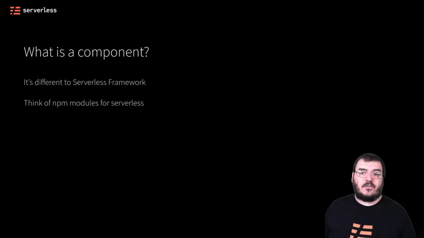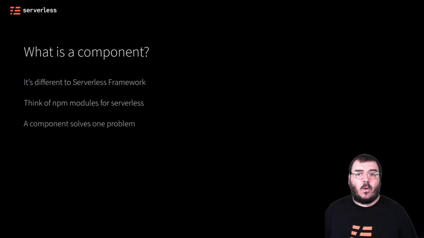Some NPM modules are entire frameworks around which you can build other solutions, such as the serverless framework, React, Vue, and so on. And others are small building blocks that are used together with other building blocks. A component solves one specific use case and makes it possible for a components user to rapidly deploy that solution without necessarily understanding the underlying architecture of what is actually deployed into the cloud.